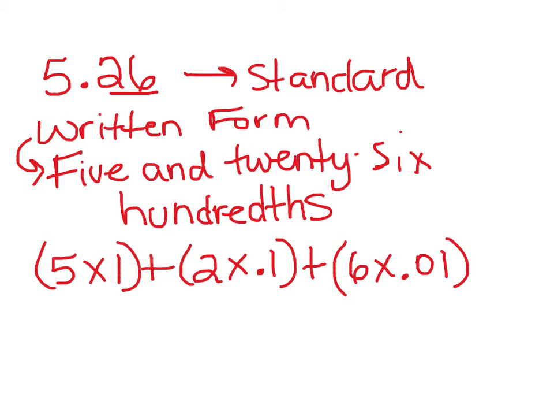Okay? So 5 times 1, because it's in the ones place, 2 times 0.1, which is in the tenths place, and then 6 times 0.01, because it's in the hundredths place. So that's expanded notation.